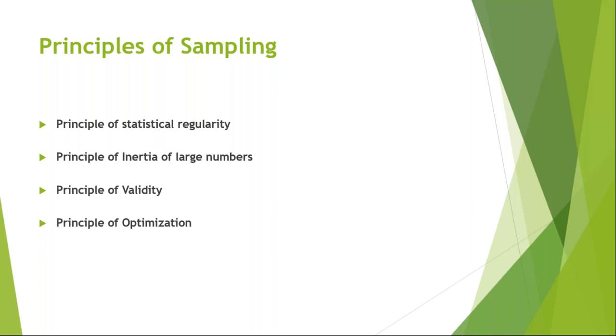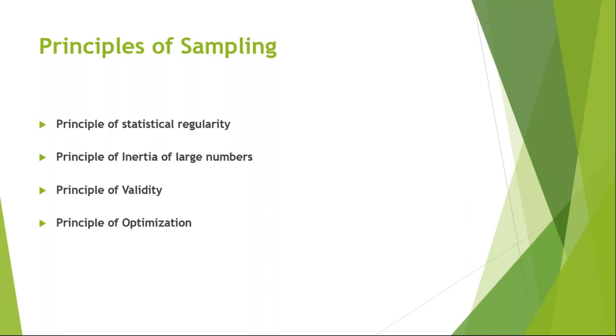So you must pick people to represent ages between, let's say, 5 and 19, which are the teenagers; ages between 20 and 40, which are the youth; ages between 40 and 60, which are the old ones; and 60 and above, which are the elderly. If the population has these different ages, you must pick a sample from each of these. That's the principle of statistical regularity. Your sample must possess the characteristics of the large group.